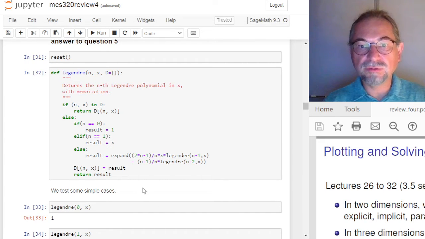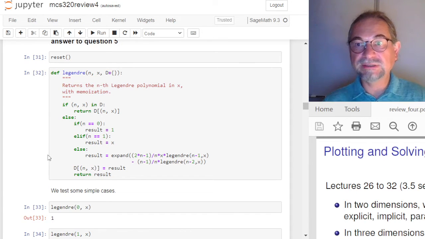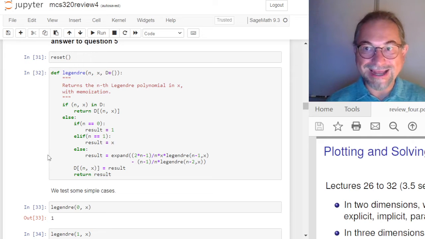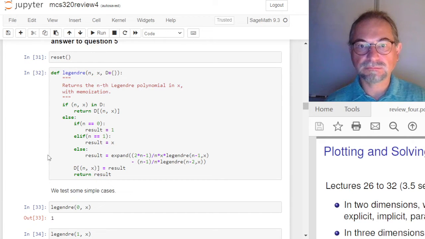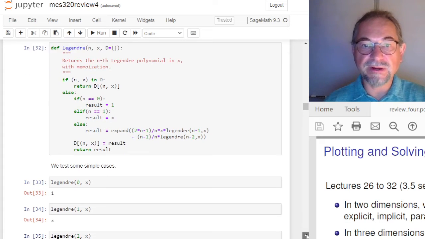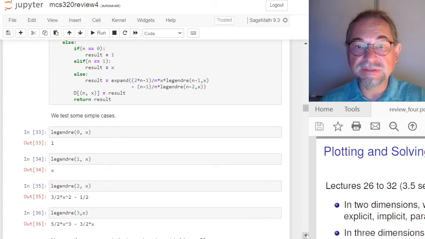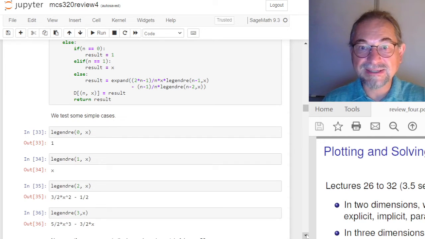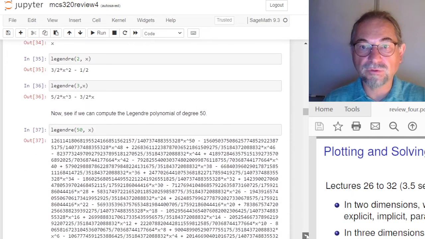Then, instead of returning, you assign to result, and before you return, you store in the dictionary. The dictionary has this tuple index. So when you store, you store with the entire tuple, both n and x. Okay, we verify first some base cases, and you see that the polynomial is expanded and stored in canonical form.